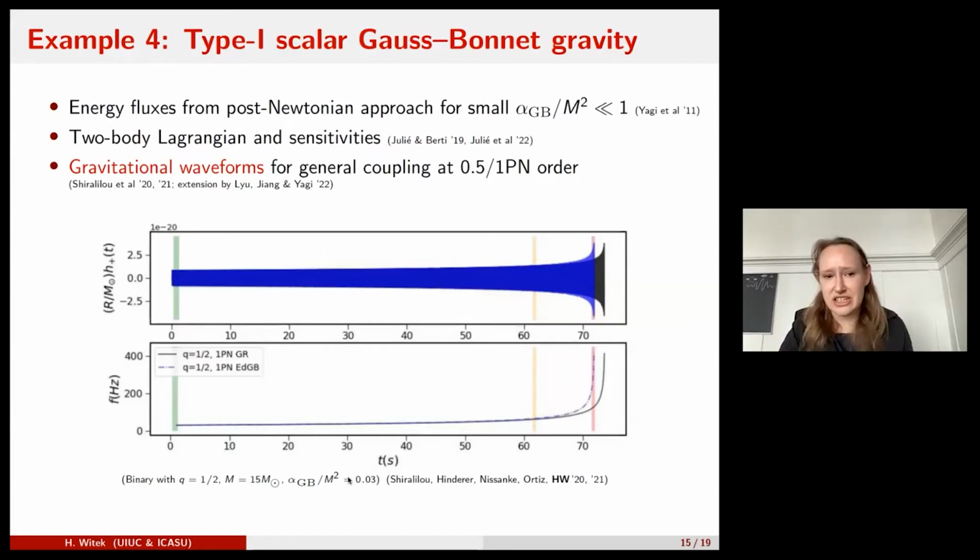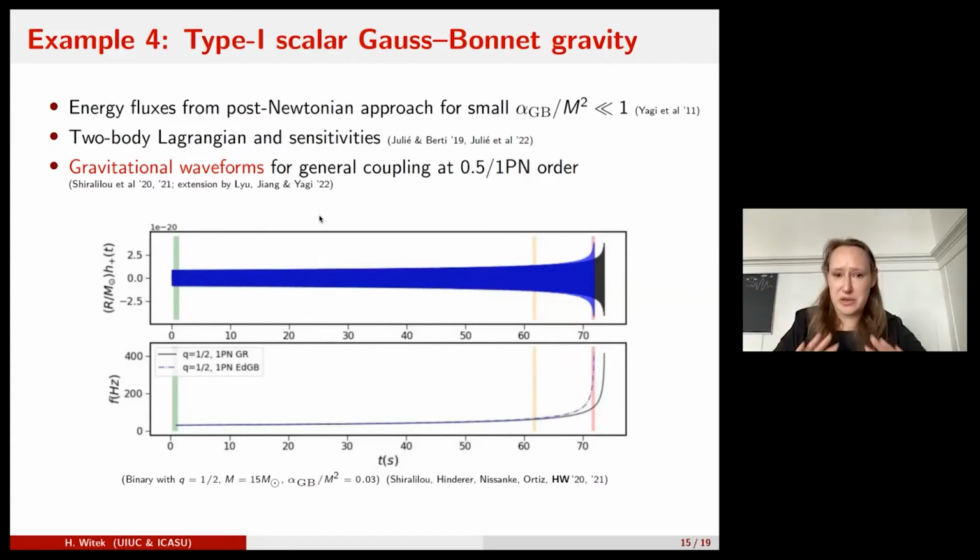Banafsheh, who has led the project, did that during her first year of the PhD. If you want to hear more details about this calculation, I strongly advise you to invite her for a seminar. I should also say that more recently, Kent Yagi and his group have extended this calculation. And I believe he may tell you more about this in his talk.